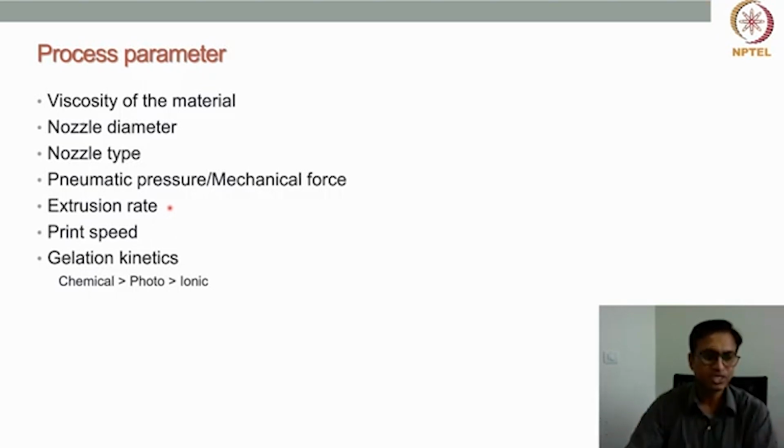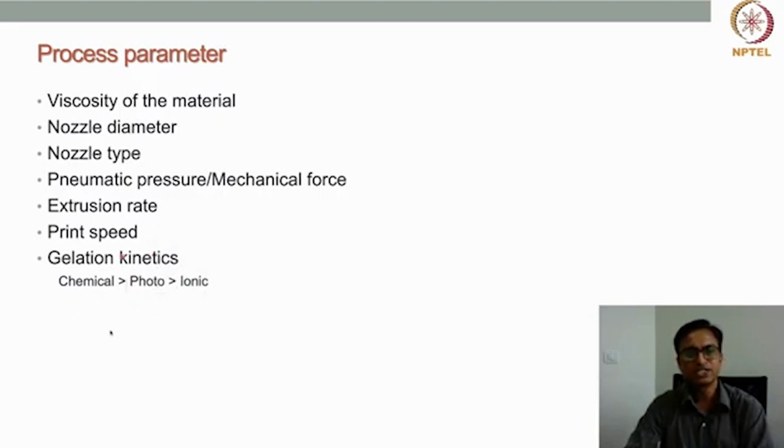If the extrusion rate is low and print speed is more, then the material will not come out uniformly, or we cannot print a very good structure. If the extrusion rate is very high and print speed is low, then more material will come out, but we will not be able to make a good structure.